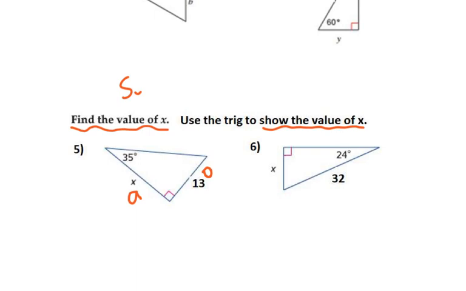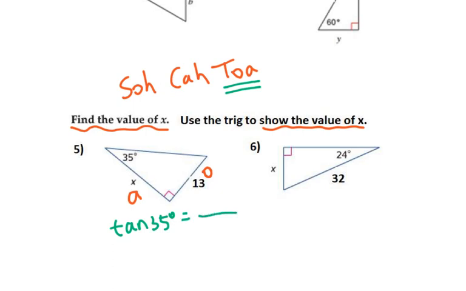So for the SOHCAHTOA, we got to use the TOA and tangent. So we write down tangent 35 degree equals O over A means 13 over x.